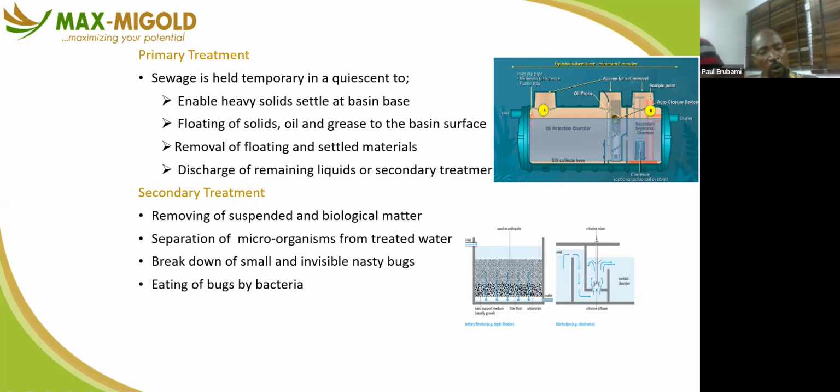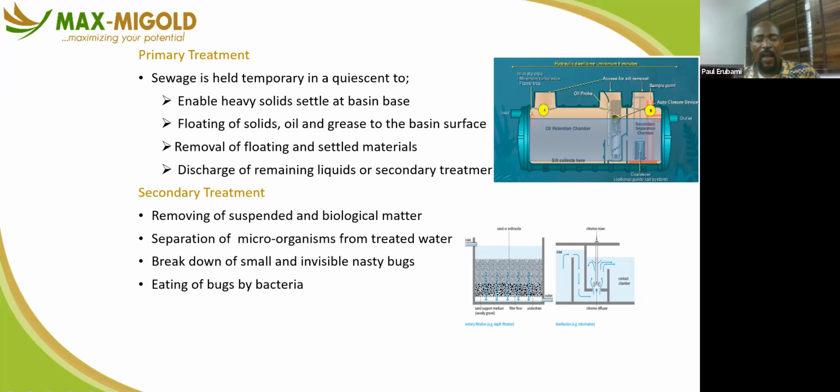So when you remove all those during the primary treatment, you now use a pumping machine to pump that water to the next stage, which is the secondary treatment. What happens during the secondary treatment is that you remove all the suspended and biological matter. You separate microorganisms from the treated water. Breakdown of the small and invisible nasty bugs.